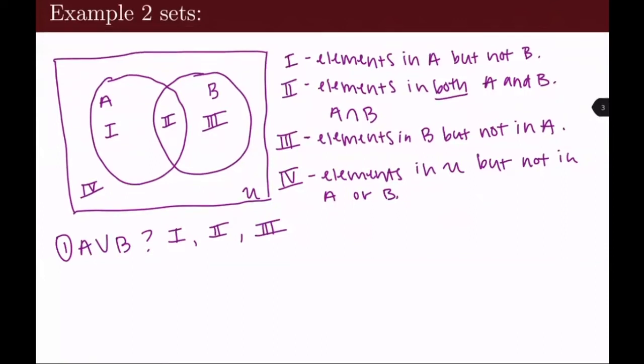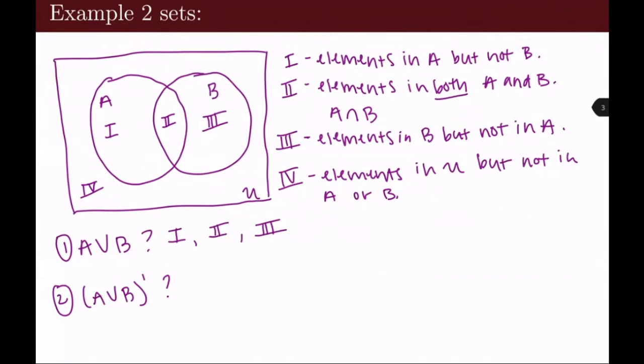What about A union B complement? The complement of the union. Well, we did learn last time that a set complement is anything in the universe that is not in the set.